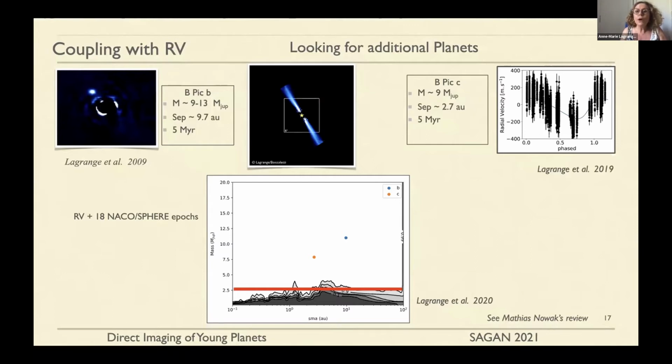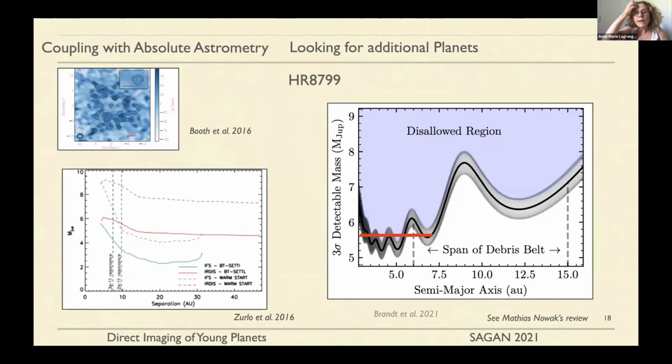You can also look for additional planets using Gaia, and this was done by Brandt et al. earlier this year, combining the direct imaging data, astrometric data, and Gaia EDR3 data to rule out a planet more massive than, let's say, about 5 or 6 Jupiter masses at distances of about 5 astronomical units, and this gives you the span of the debris disk that is around the star.